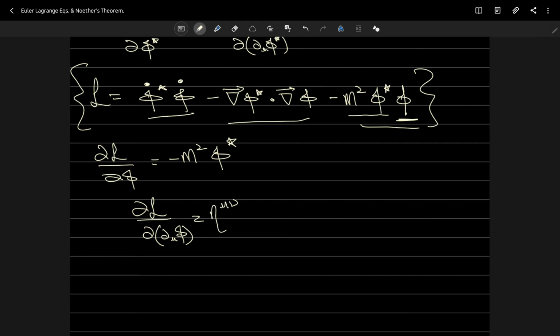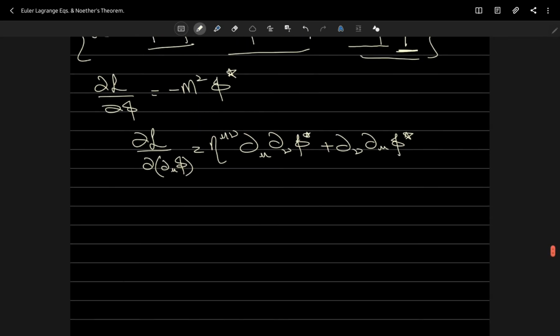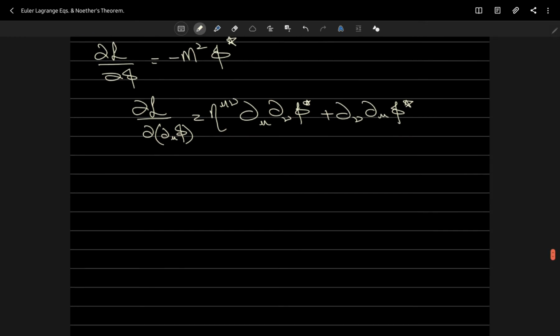We're just adding this so we can shift the indices upwards and downwards, so we can remain consistent with contracting the two derivatives, right? So we would have partial mu partial nu phi star plus partial nu partial mu phi star. I have just applied the product rule here, and then we have both of these things, right?